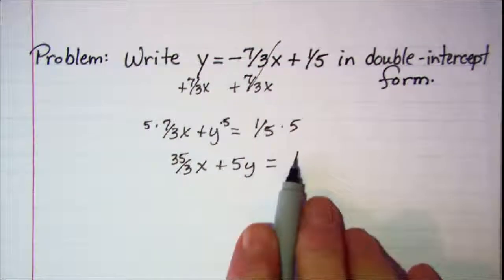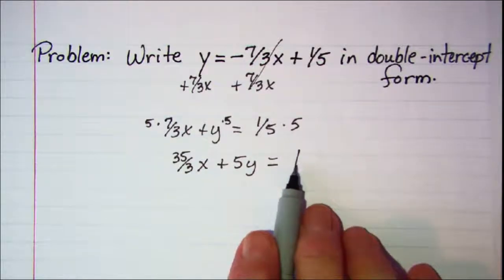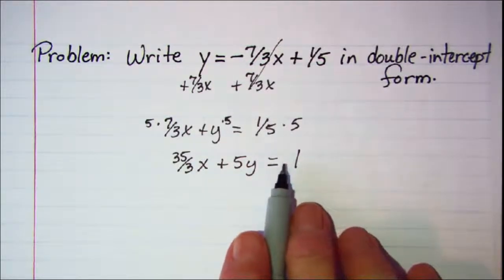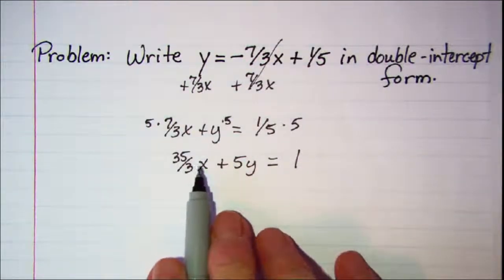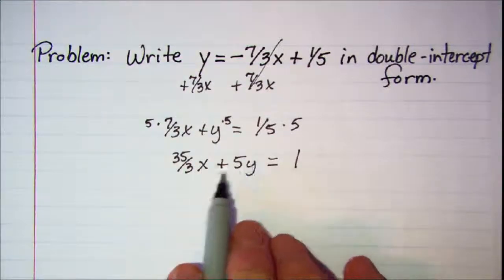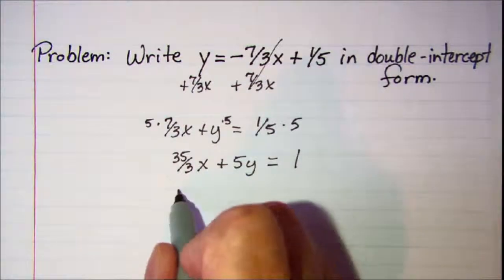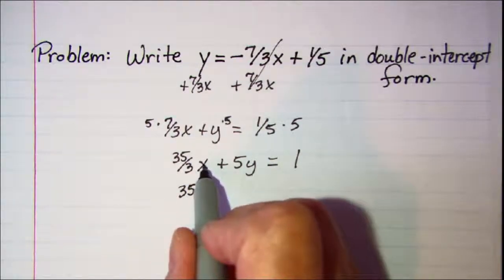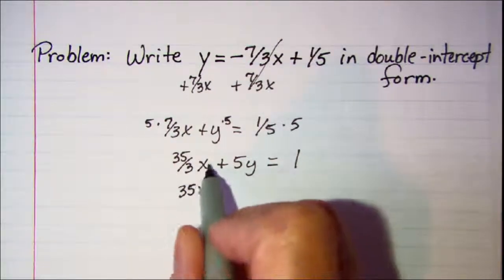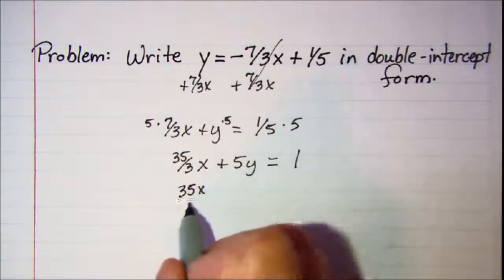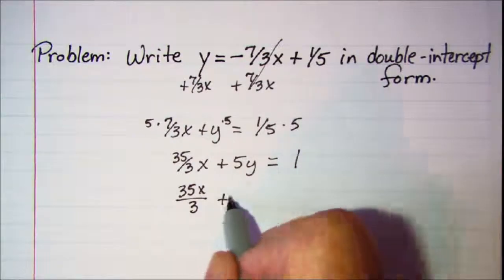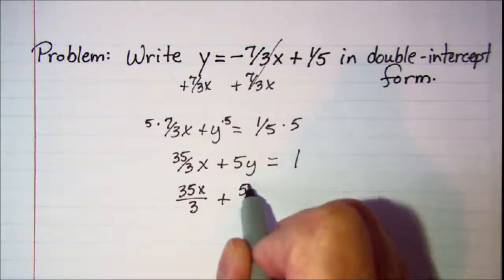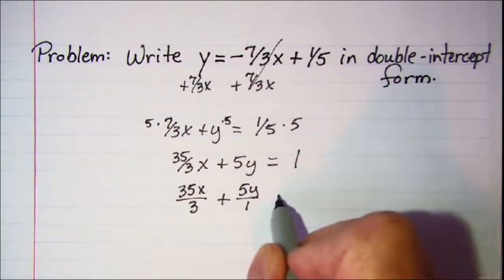So now I have my 1 constant on the right side. The next step is to get the numerators just x and just y. So I'll rewrite this just to make it a little easier to see. I have 35, the x is in the numerator since it's over 1 right now, and that's over 3. And then this one is 5y over 1.